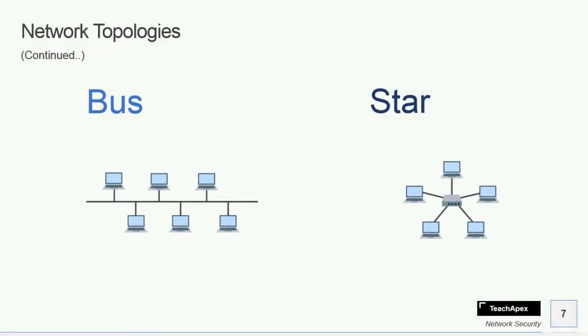Networking topologies are important to understand how you are connected in your network, how you are connected with the internet, or if you are using multiple devices in your network, how these devices are connected. Or you can choose which topology to connect in that particular network. So here we are discussing networking topologies.